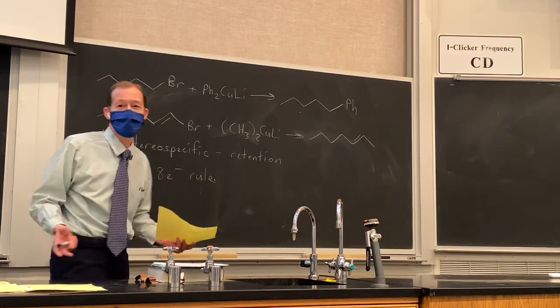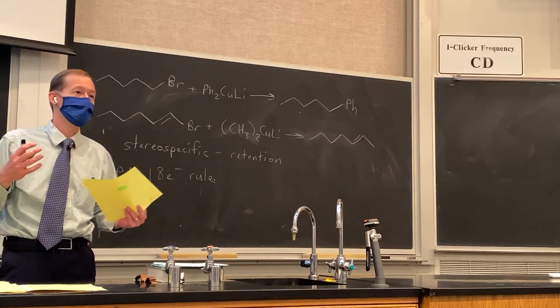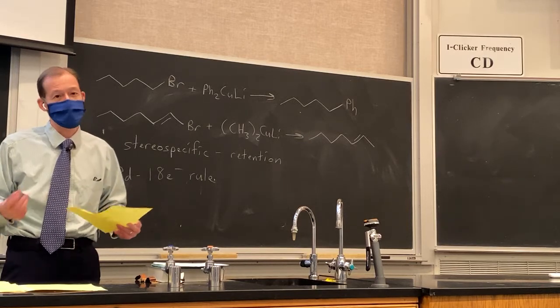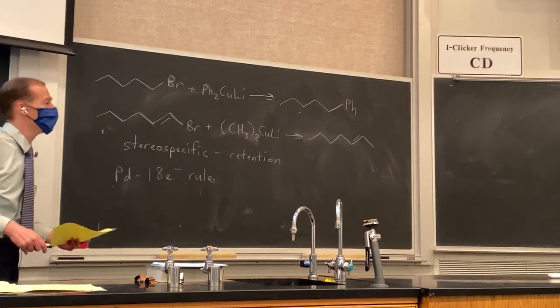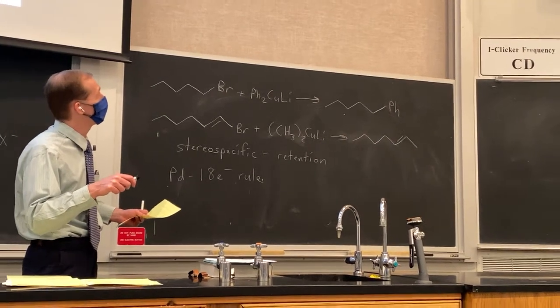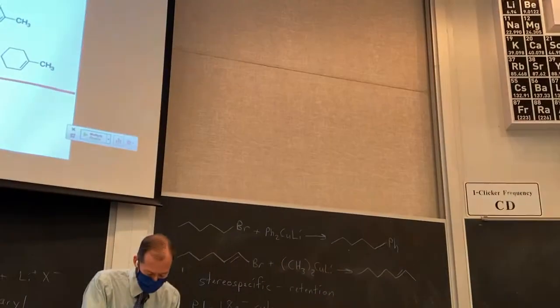How many d orbitals do we have? We have 5, and so to fully fill them, we need 10 additional electrons beyond the 8 that are going to fill the s and the p. So that is why palladium, as well as all our transition metals here, directly under this title of our periodic table, are going to follow the 18 electron rule.